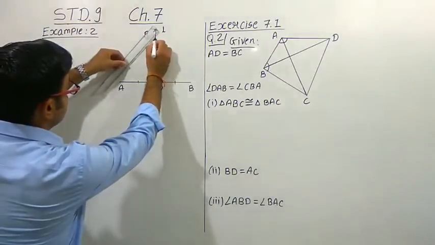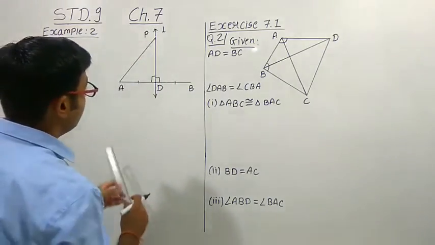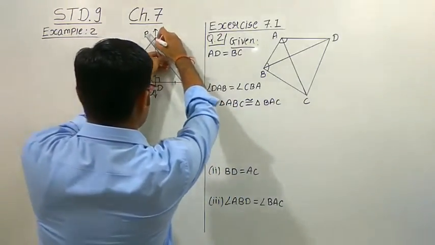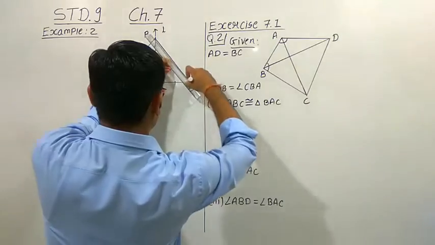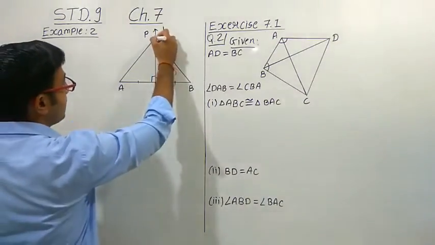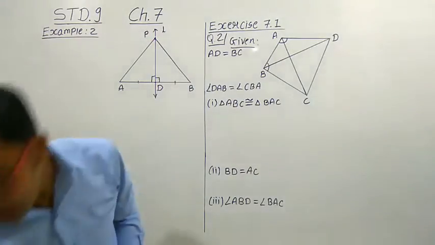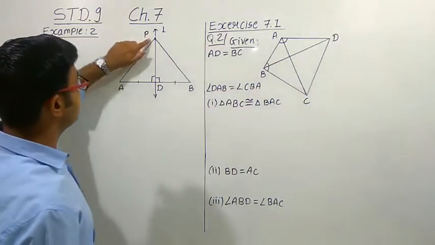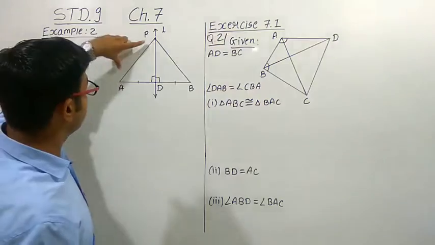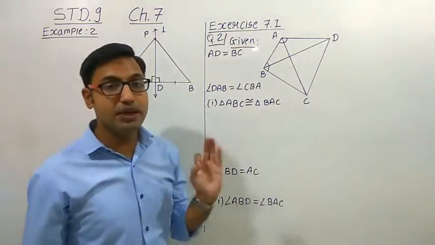If we join it, we get one distance AP, and if we join this with B, this distance will become PB. So to prove that P is equidistant from A and B, we have to prove that this distance PA is equal to this distance PB.